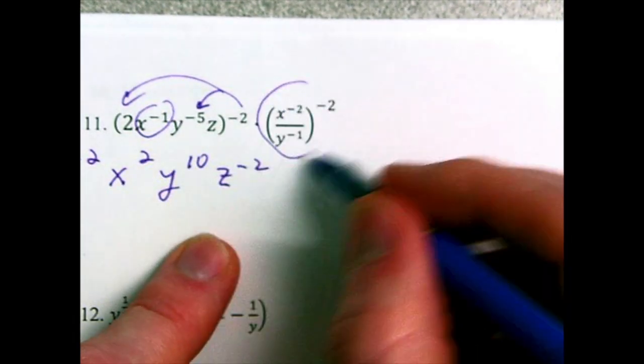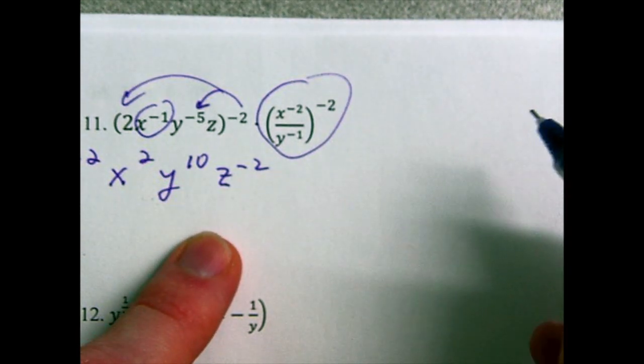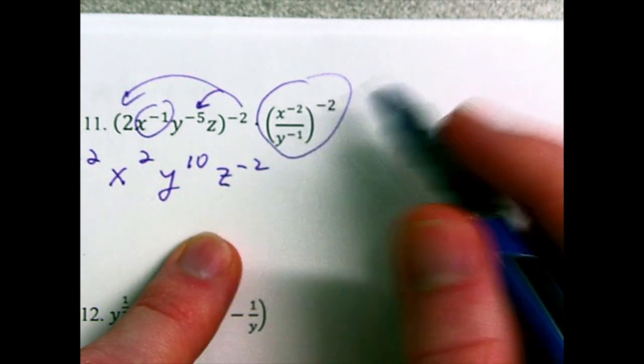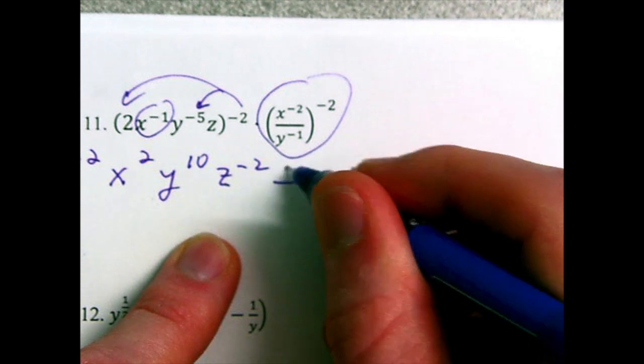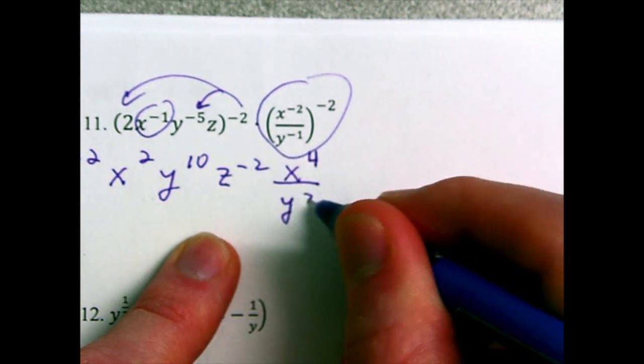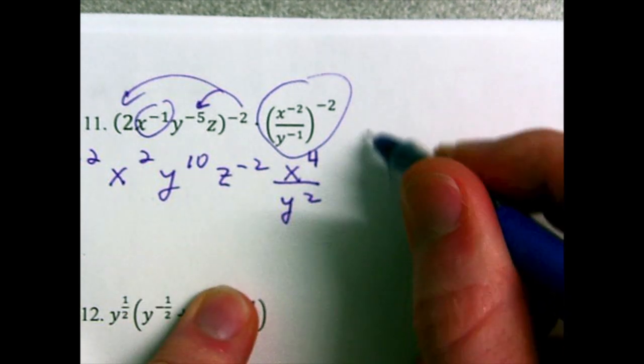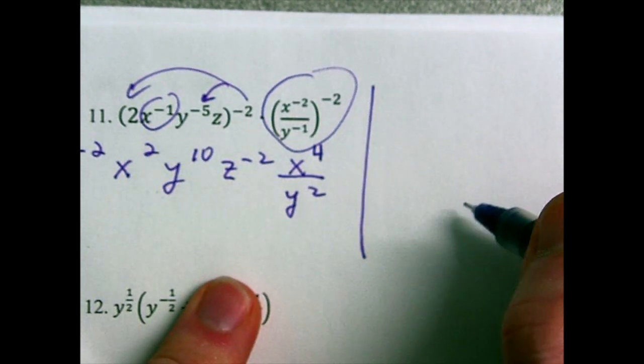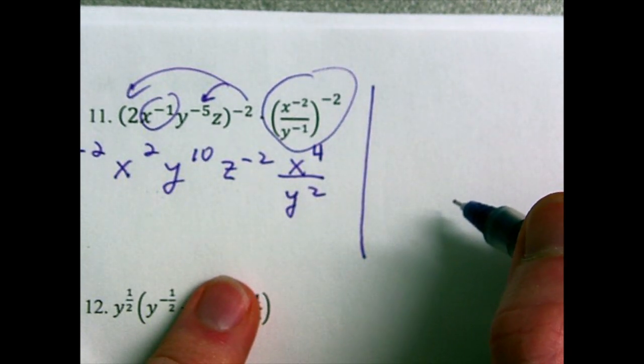And then working on this term here, I suppose that I should distribute the negative 2 to the top and the bottom. The top will give me x to the positive 4. On the bottom will give me y to the positive 2. Okay, so what happens next?